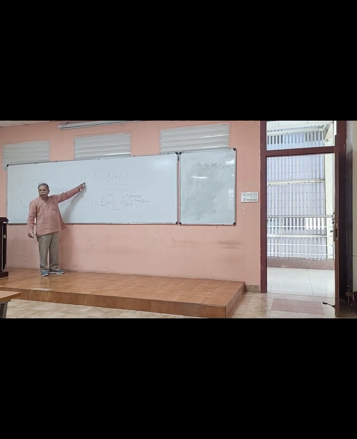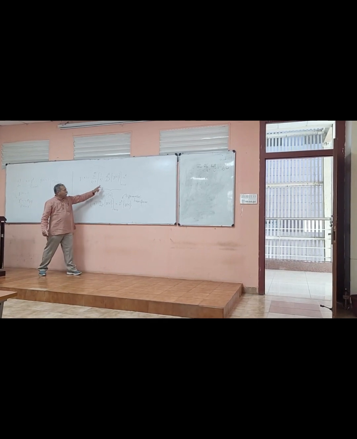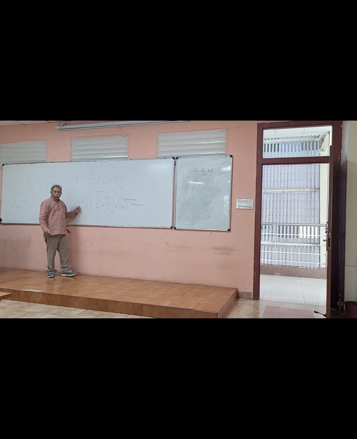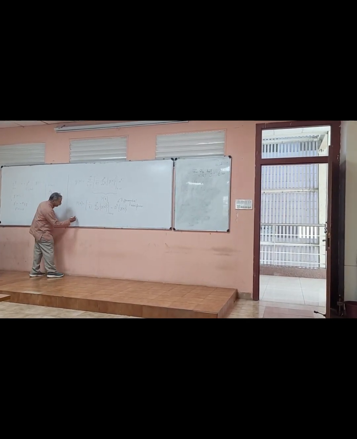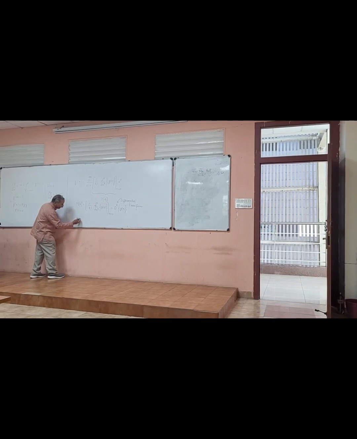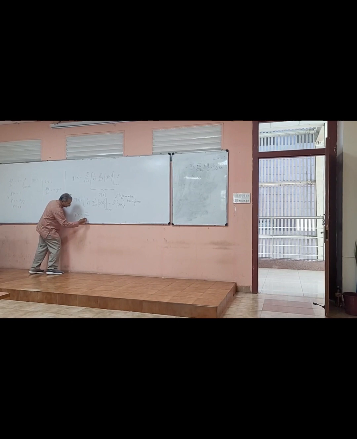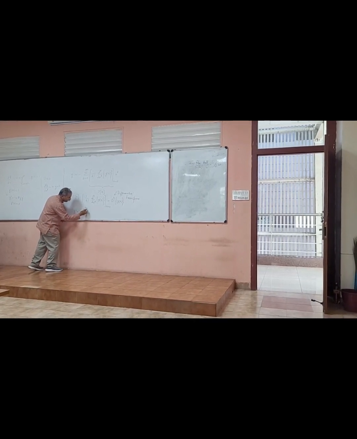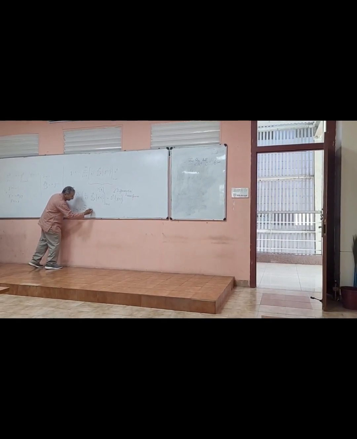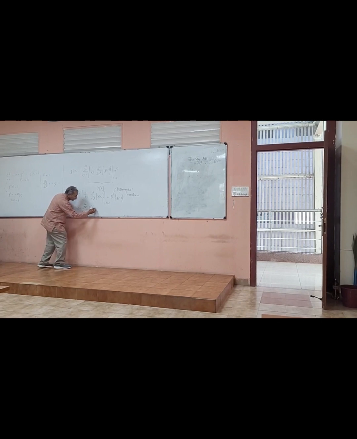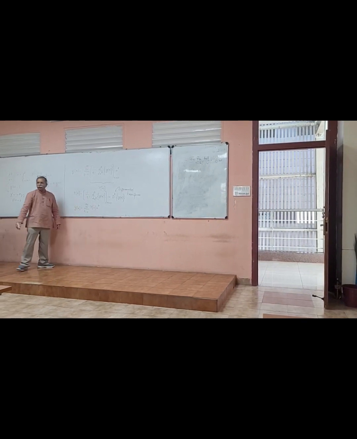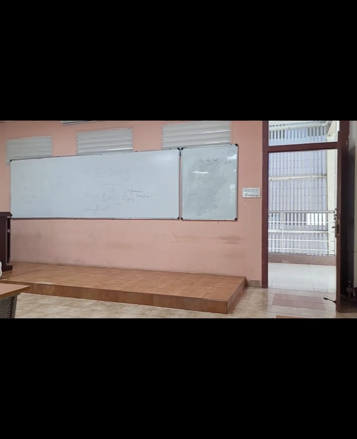I'll write this now. For this I'm going to write y of k. So I have y of x equal to summation k equal to 0 to infinity y of k into x to the power of k. So what is this?